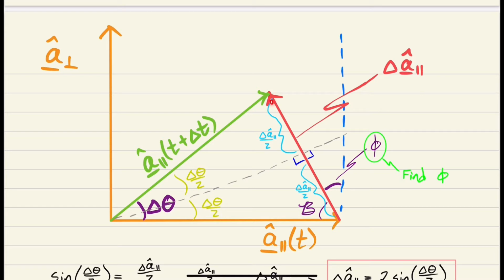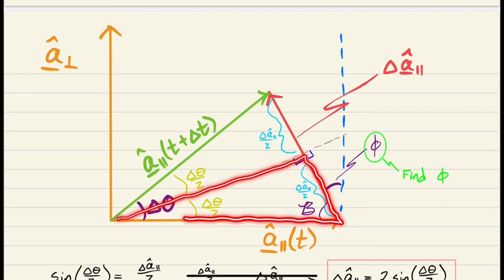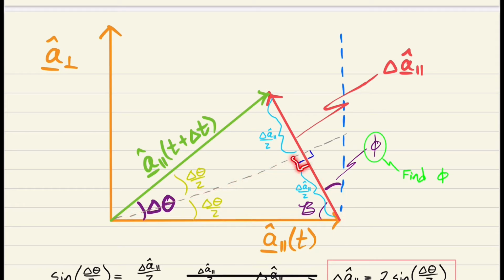And cut our delta a hat parallel in half. Okay? So now we have these two right triangles right here. We have one here, and then we have another right triangle right there. Let's just look at the bottom one right now. So we have this right triangle where the right angle's here, and we cut it in half. So the angle here is delta theta over 2.